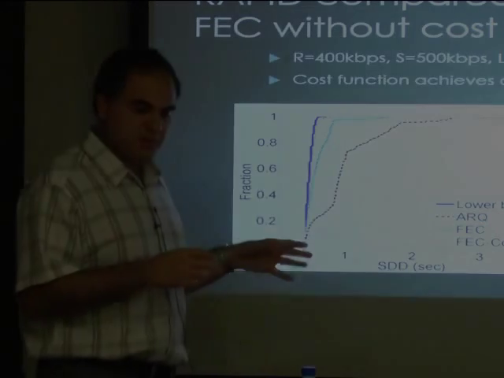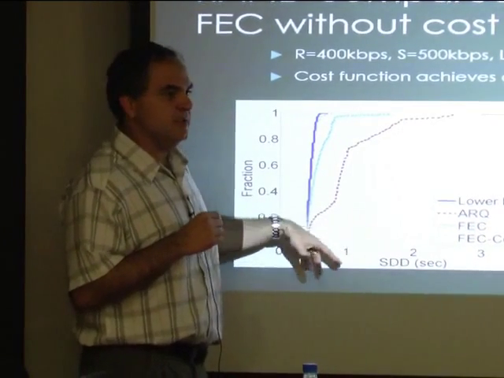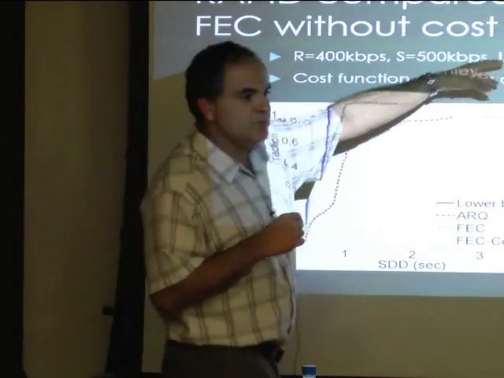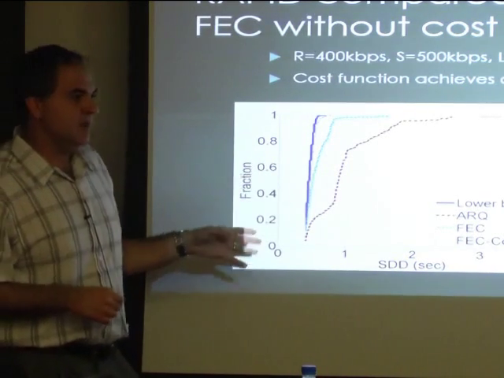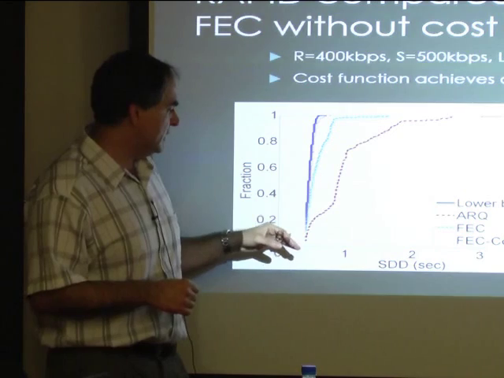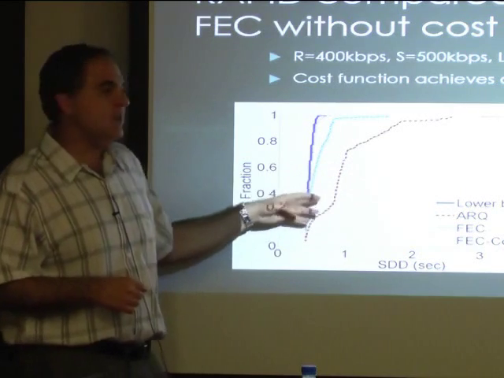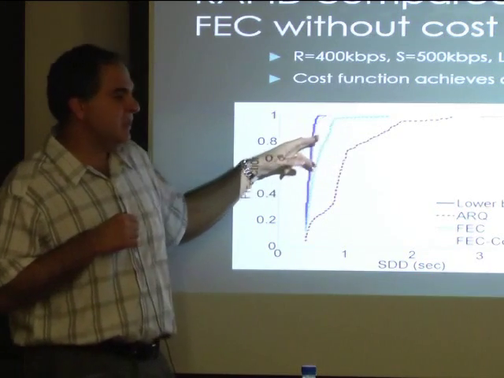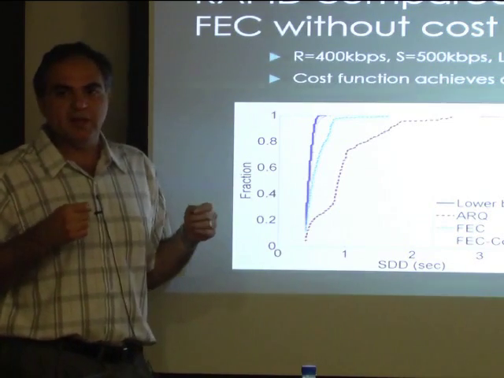This is the simulation, and it shows a CDF of the sequential decodability delay. This is an extreme case where you have 15% loss, but most of the time the loss rates are much lower. It is just to illustrate the gains you can get. The red curve is retransmission only. The green curve is opportunistic FEC, which means whenever the sending queue is empty, just send an FEC packet.